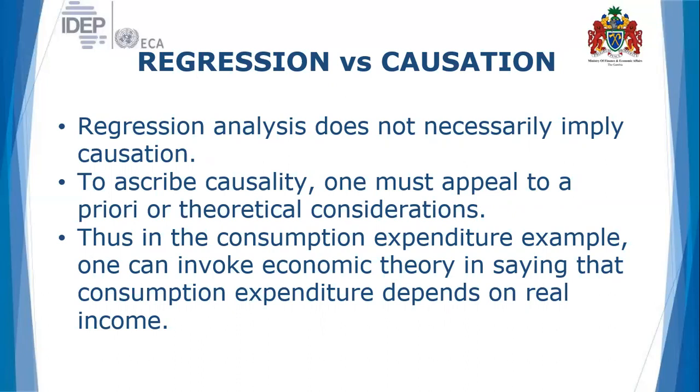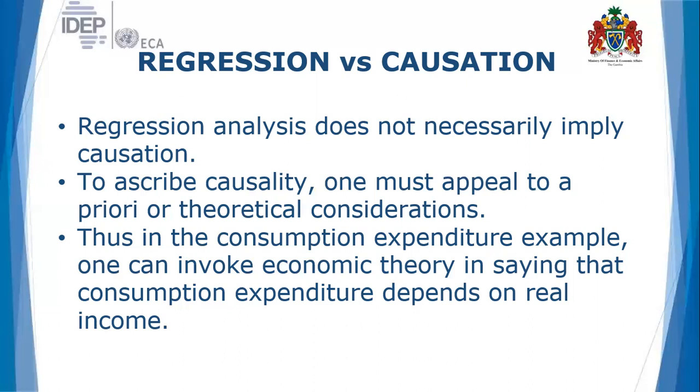It does not. In order to determine or ascribe causality between dependent and independent variables, an evaluator must appeal to theoretical considerations. What are the theoretical understandings, considerations behind the relationship between the dependent variable and the independent variables?